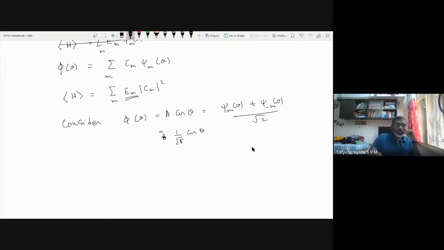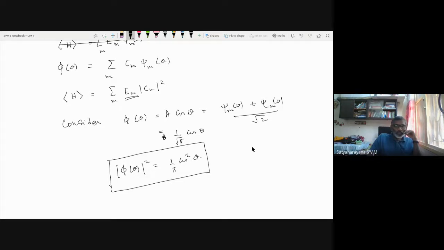Now, suppose you want to find out the probability for this. Then phi of theta mod square is equal to 1 by pi cos square theta, correct? That means it depends on theta. In this case, the cos square theta probability depends on theta. So at different theta, the probability of finding the particle, if the wave function is like this, is different.